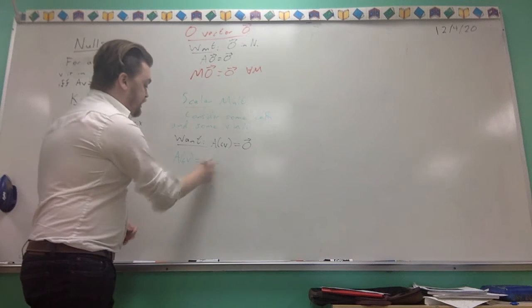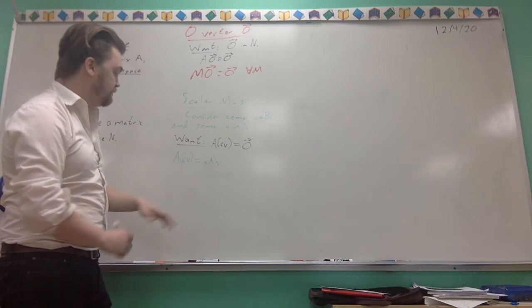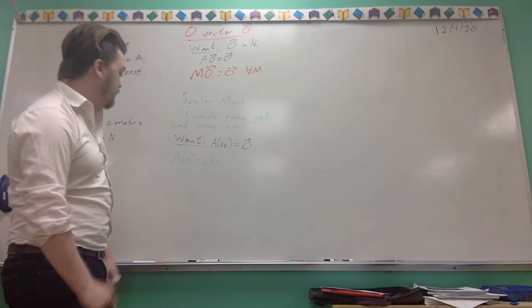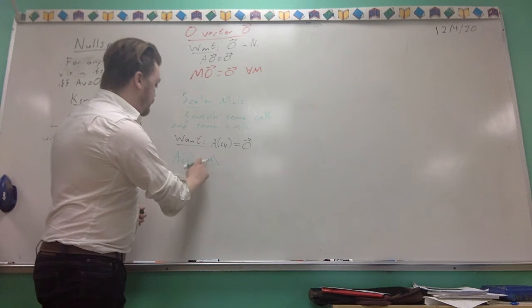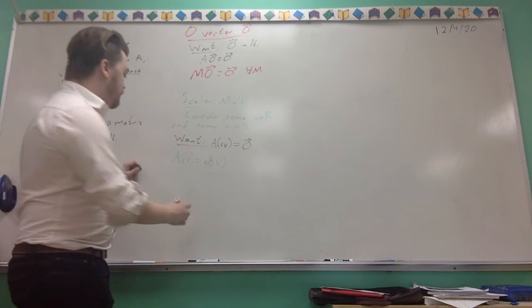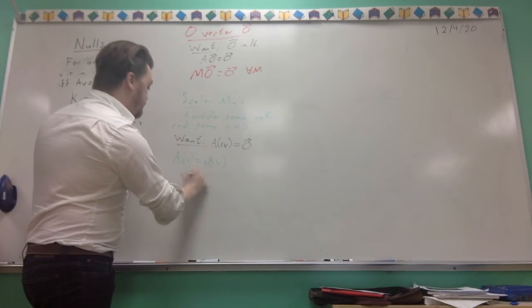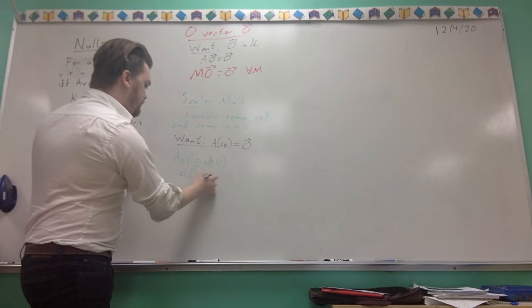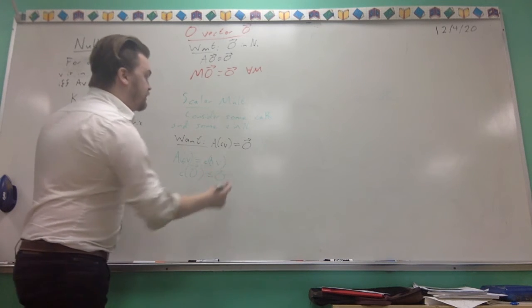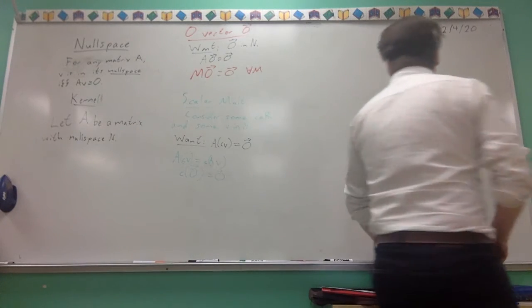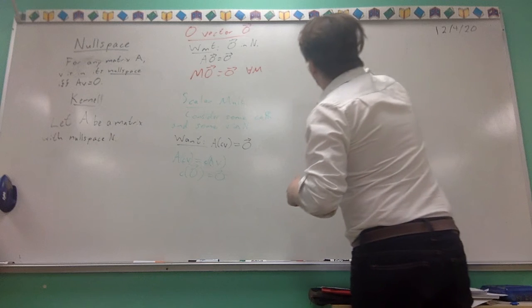Now, because I can associate, I group these fellas up together. I have CAV, and wait a minute. Oh, I can also actually associate it like this. Look at that. All right. So now I have C times, but wait, Av is 0 because v is in the null space. And a constant times the 0 vector is the 0 vector. Perfect.